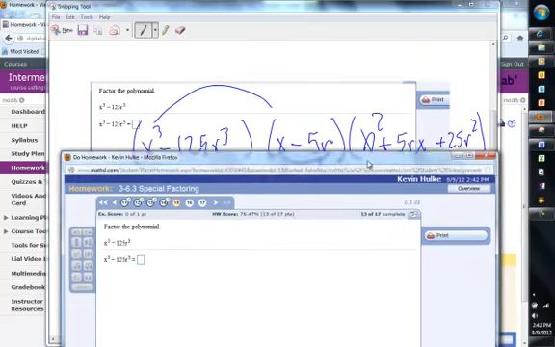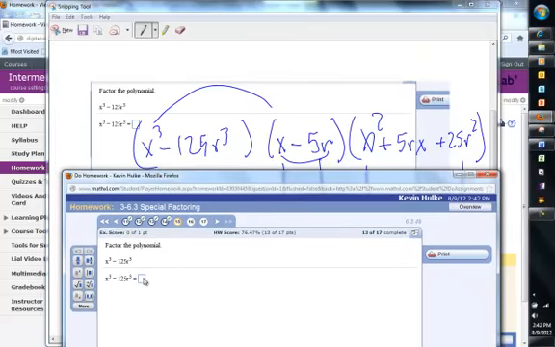So our factored form is x minus 5r, x squared plus 5rx plus 25r squared.